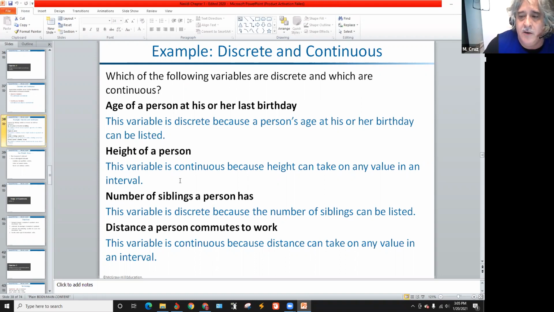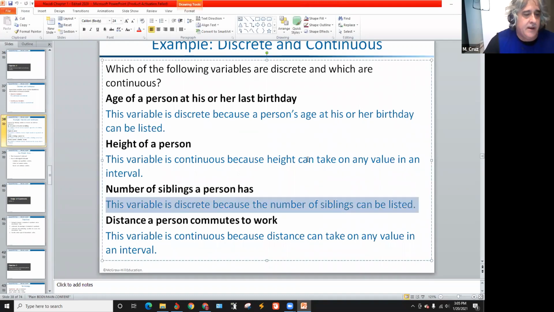So that's continuous. The number of siblings a person has, there's no way that can be partial. It has to be a whole number, so it has to be discrete. And the distance a person commutes to work, if you've ever looked at your odometer, most likely it's not going to fall on a whole number. It's going to say 32 and 6/10, because that's usually what the odometer measures, tenths.